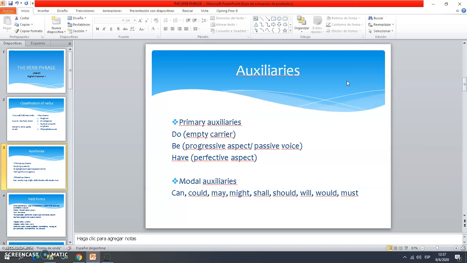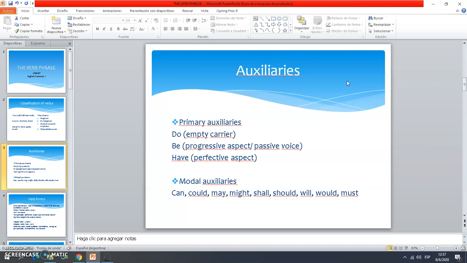In the cases of be and have, they are present in the affirmative verb phrase. When do I use be? Well, of course, for progressive aspect and for passive voice.